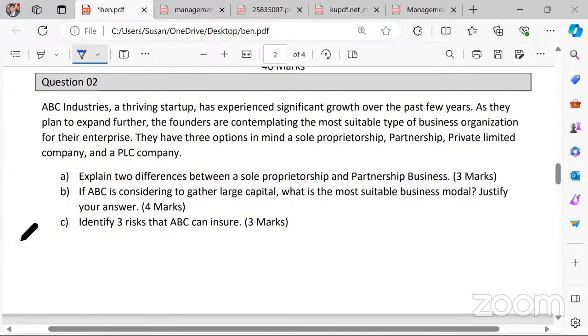Public limited company. Why? These companies can sell their shares and earn more capital. But in other models, owners are supposed to raise capital. In partnership business, partners are supposed to raise. In sole proprietorship, only the owner is supposed to raise the capital. Out of these, the public limited company is the most suitable one to raise the capital.